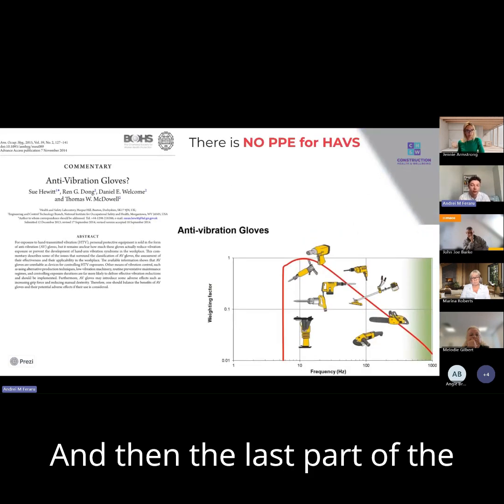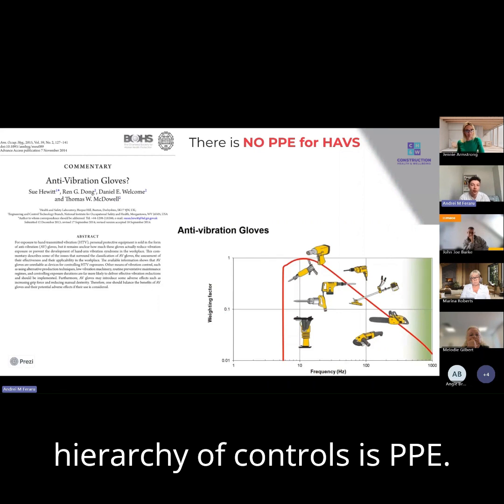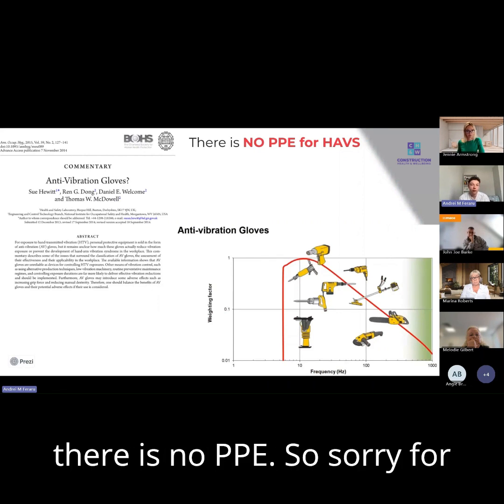And then the last part of the hierarchy of controls is PPE, but unfortunately for HAVS there is no effective PPE, gloves included.